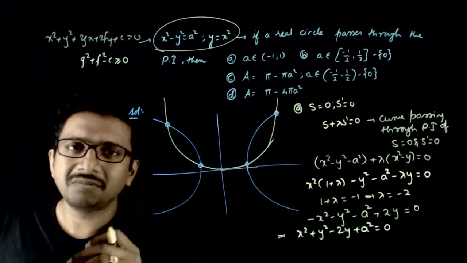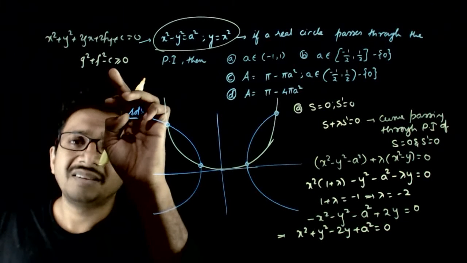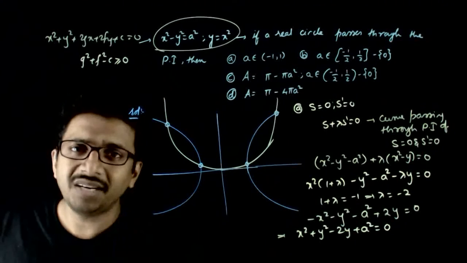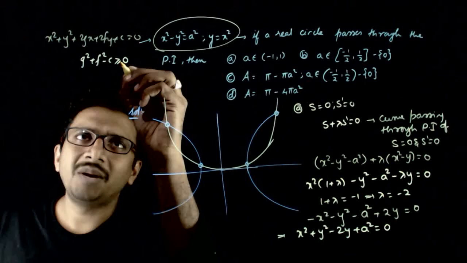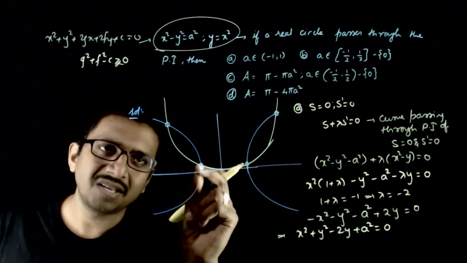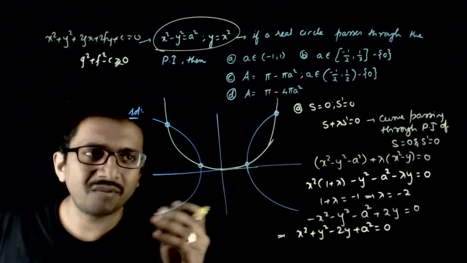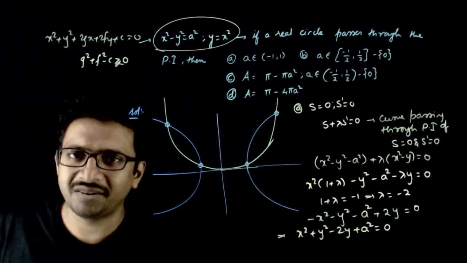Greater than 0, it's a circle with a finite radius. Equal to 0, it will be a point circle. So I should remove this equality for this question because these are 4 different points. You cannot have a point circle passing through these 4 points, so you have to have a finite radius.